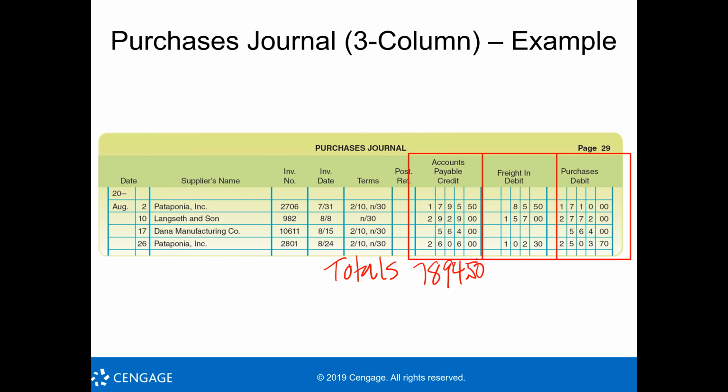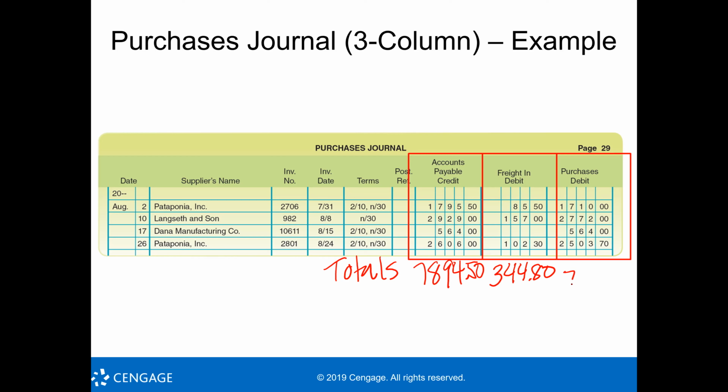Freight in 85.5 plus 157 plus 102.3. So this total 344.80. And then finally, the last column, 1710 plus 2772 plus 564 plus 2503.7.